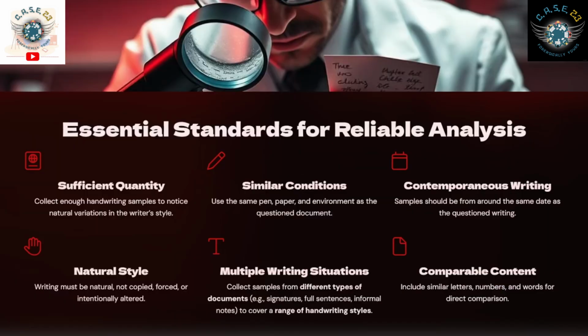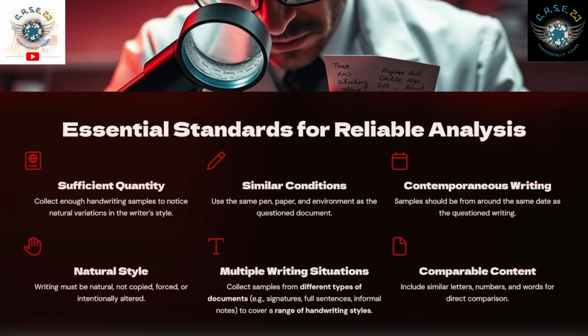I know you have heard the quote, with great power comes great responsibility, and that is somewhat similar to forensic science. So there are standards in each and every aspect of forensic science for reliable and easy analysis. In handwriting analysis, there are also some standards which the forensic analyst or the handwriting expert needs to follow.